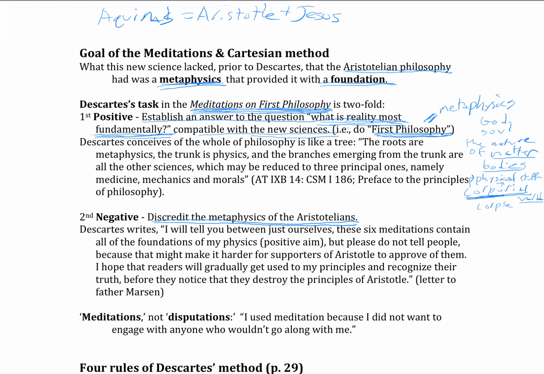All right. So Descartes is writing to convince philosophers like Aquinas that really they should adopt the new physics.